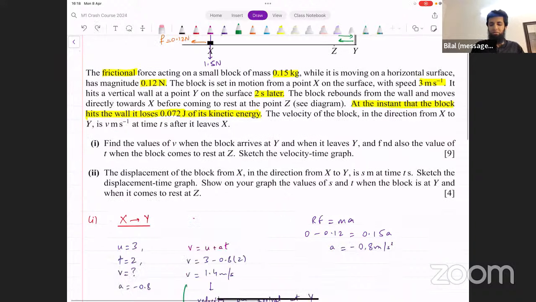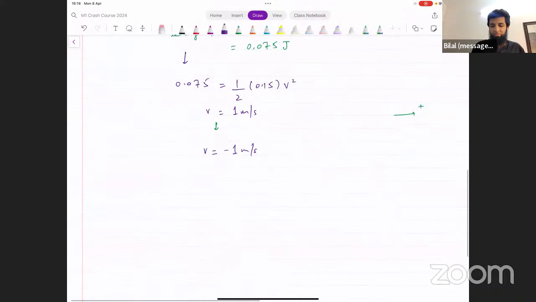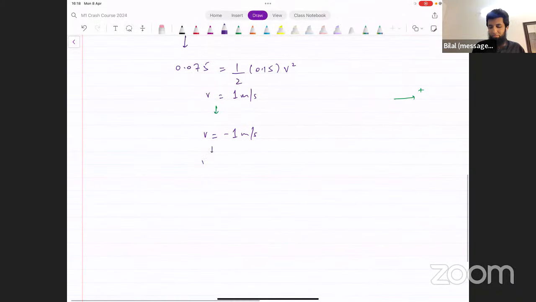So its velocity is supposed to be -1. So we say the value of v here has to be -1. So it's -1 meters per second. This is the velocity when the block leaves y.